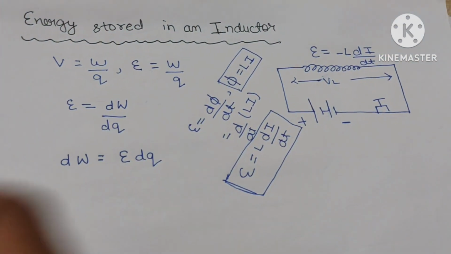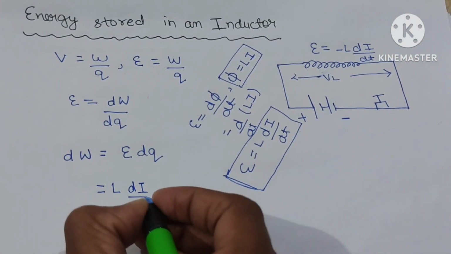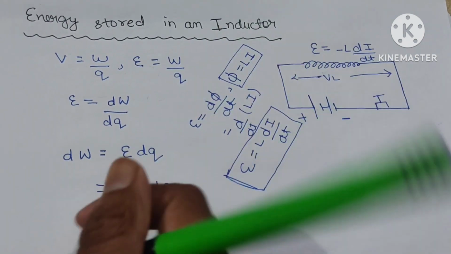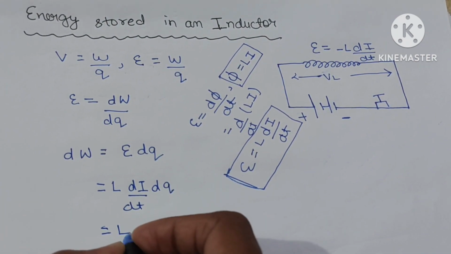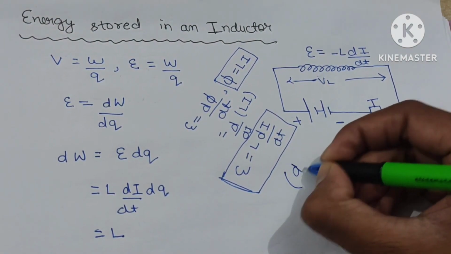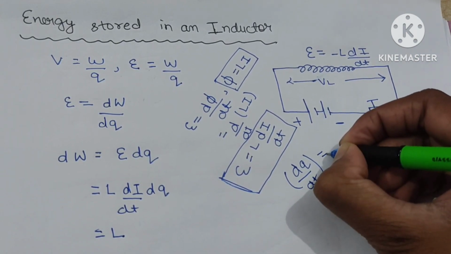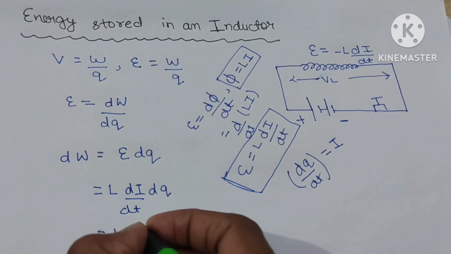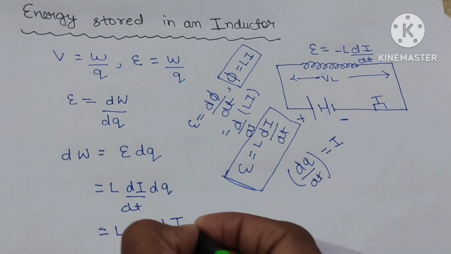Like here, L di by dt equal to dq. And dq by dt is what? So dq by dt is equal to I. So that's why I wrote I is equal to dq by dt.